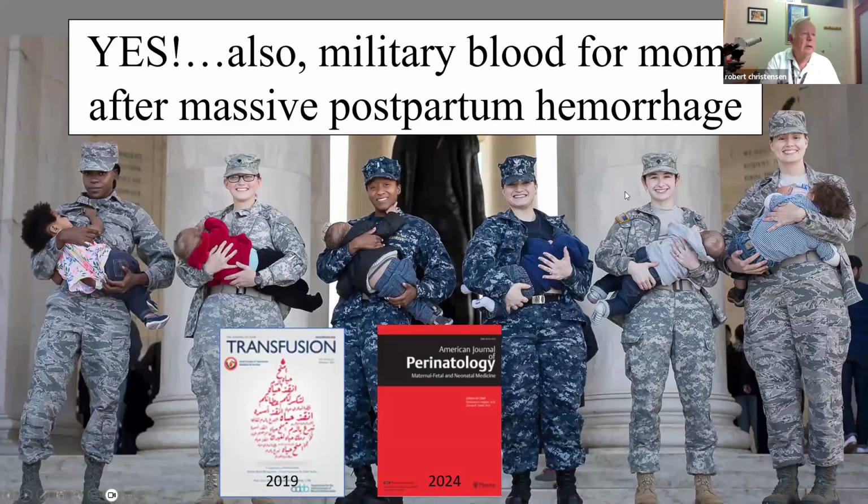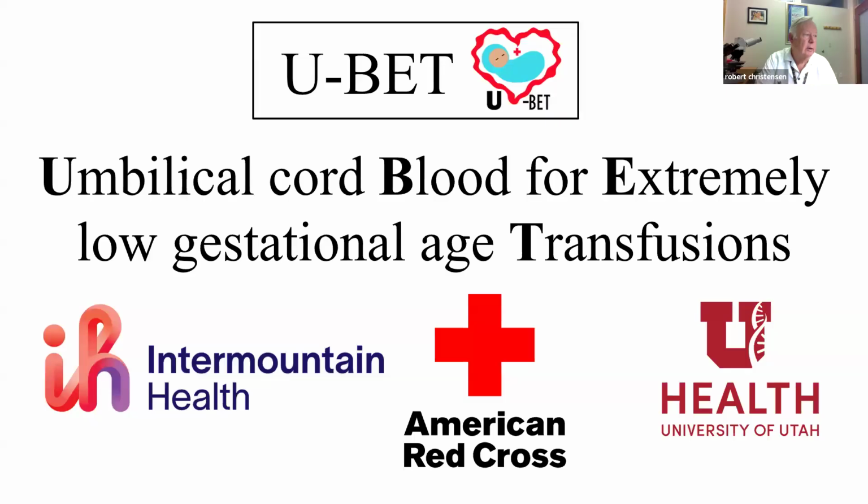Also military blood for moms, whether they're military moms or civilian moms, if they have postpartum hemorrhage. The first such woman to receive type O low titer blood was in 2019. Now, many centers, I don't know about Australia, but many centers in the United States are using this product, not component therapy, for acute blood loss in postpartum hemorrhage.